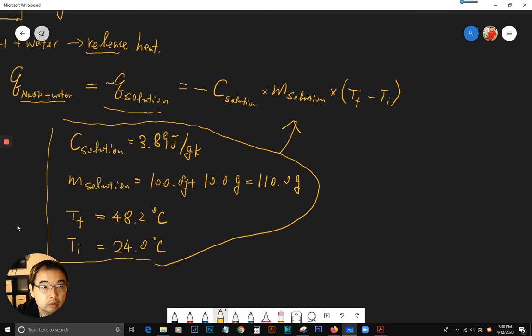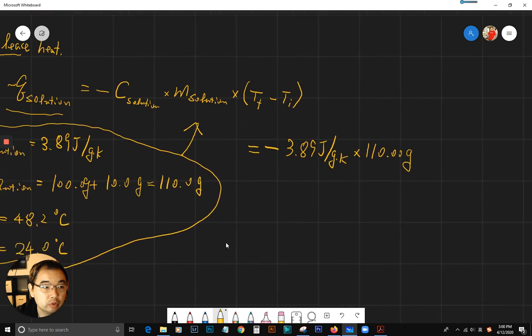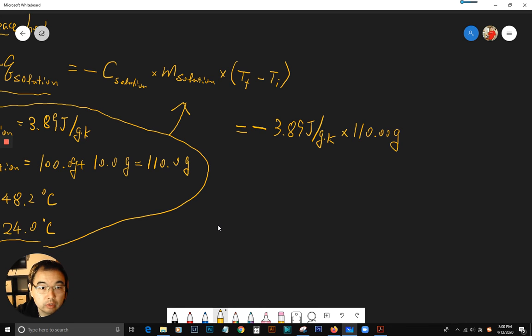So this can be the negative sign. We have 3.89 joule per gram per K, times the mass, which is 110.00 gram, times the final temperature minus the initial temperature. The final is 48.2 Celsius minus 24.0 Celsius.